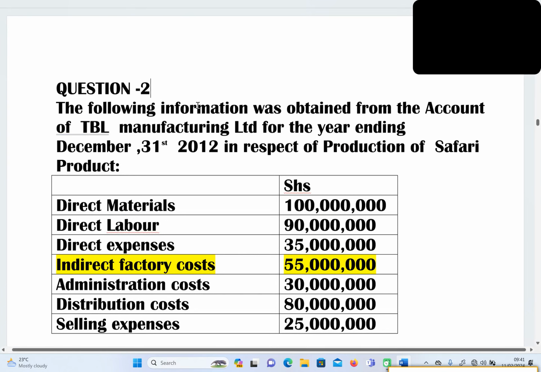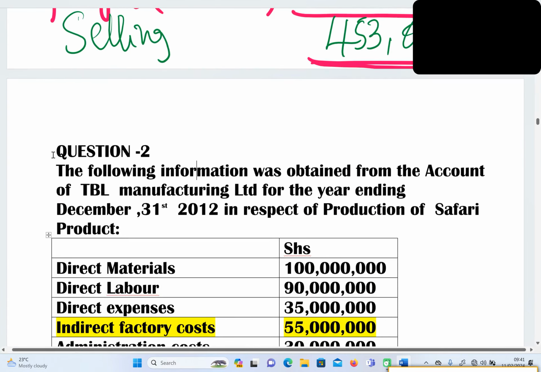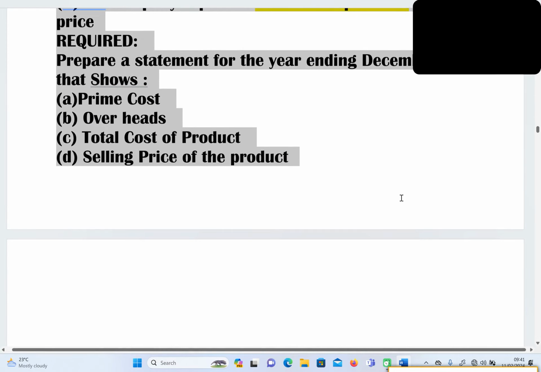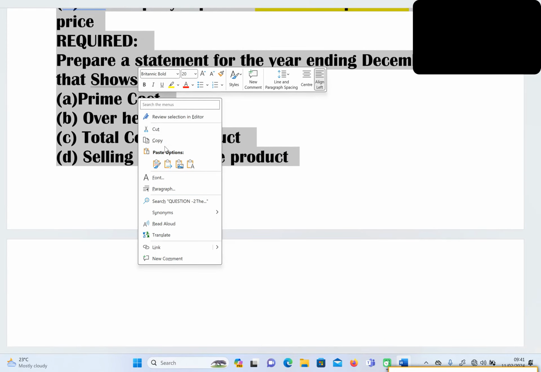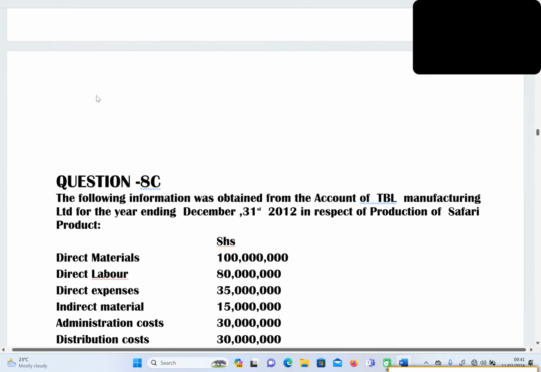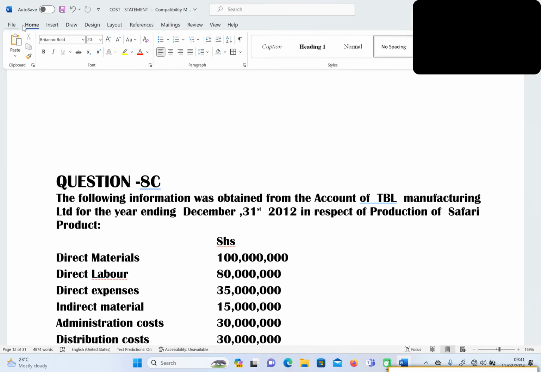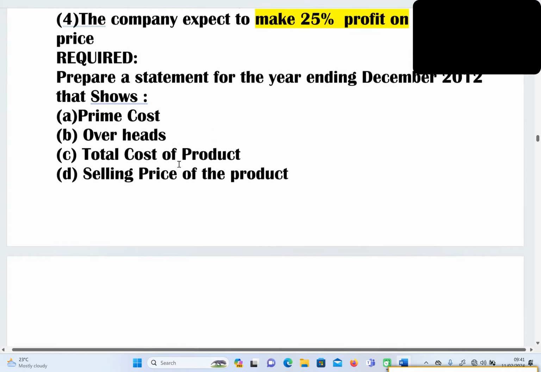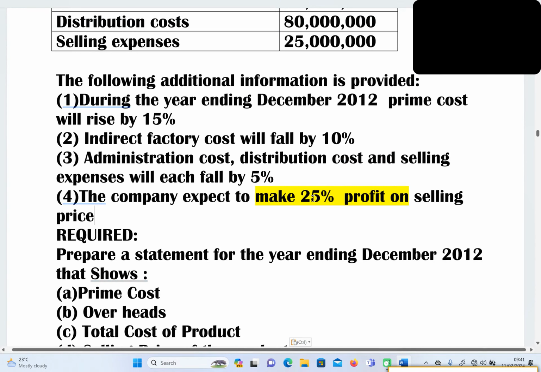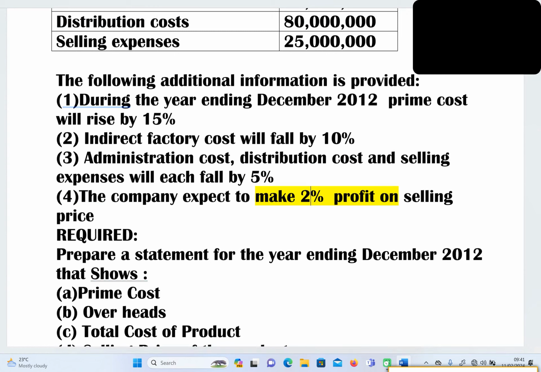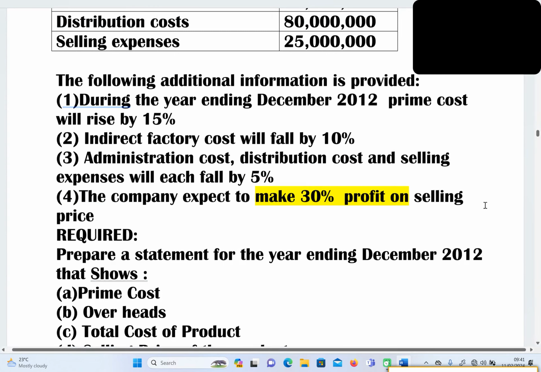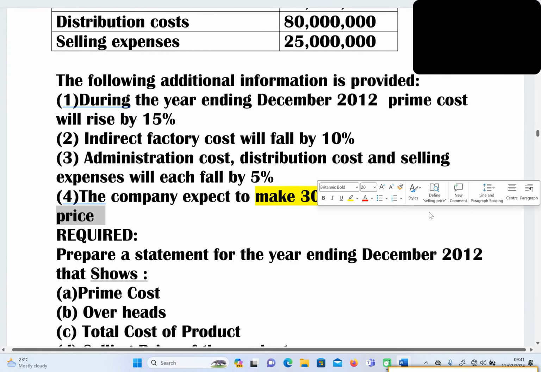Nimeweka selling price. Sasa the same question naweza kuliandika nikasema the profit is perhaps, hapa kwenye profit nikasema labda ni 40, say 30% on, baada ya selling price niandike on prime cost.